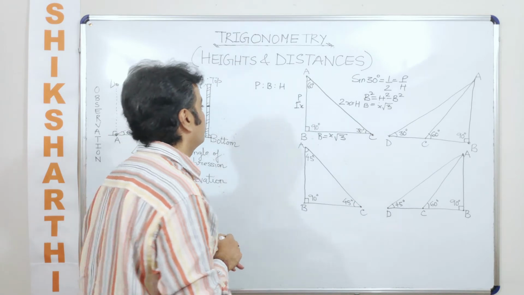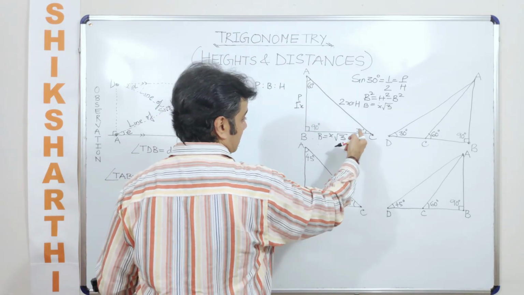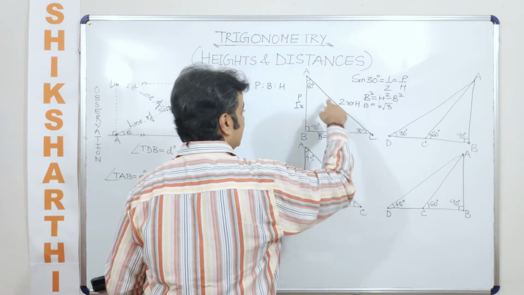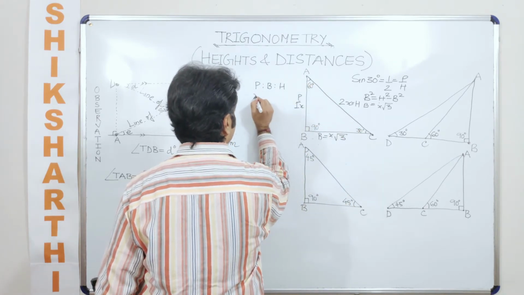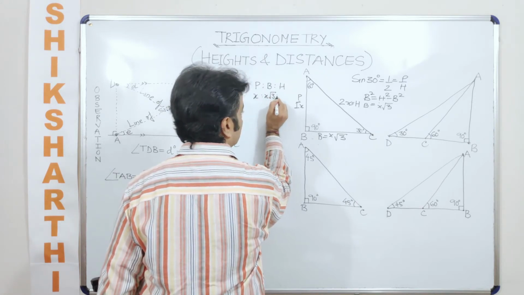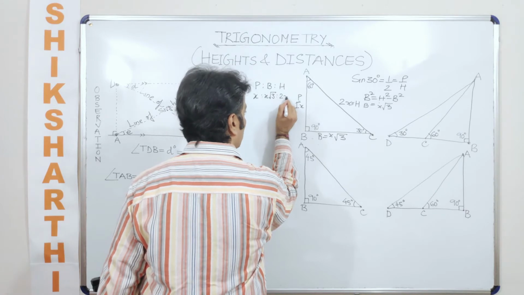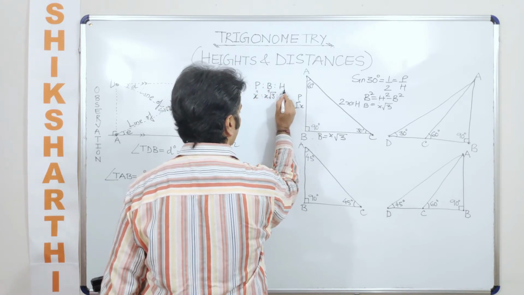So in 30, 60, 90, P is x, base is x root 3, and hypotenuse is 2x. Or I can simply take their values as x, x root 3 and 2x.